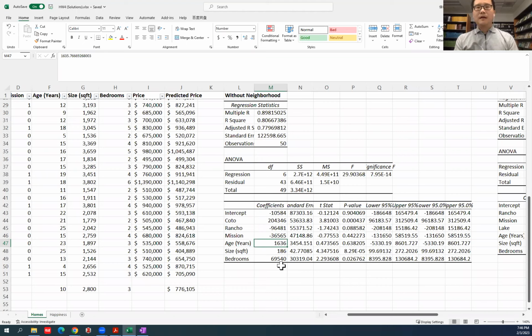So it's possible that this happens because of multicollinearity. It could also happen because of something else. It may not always be because of multicollinearity. When the estimated sign of a coefficient is different than expected. Oh, okay.